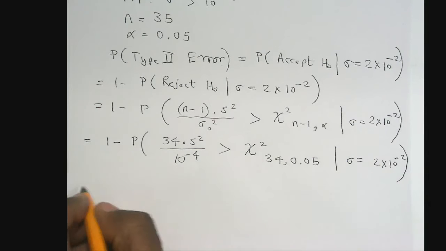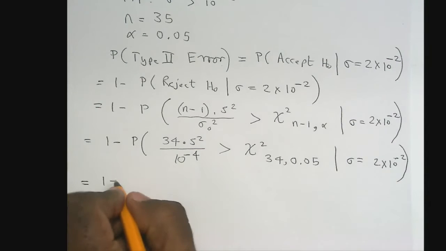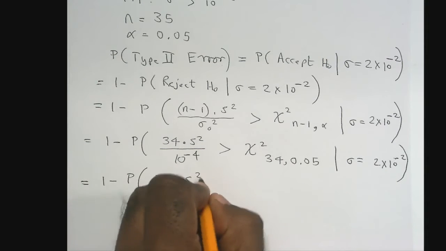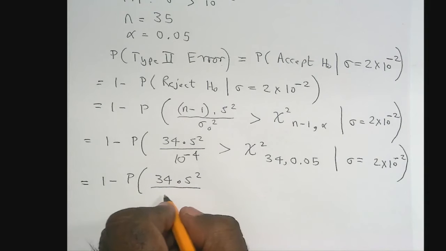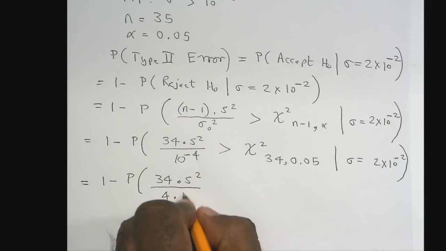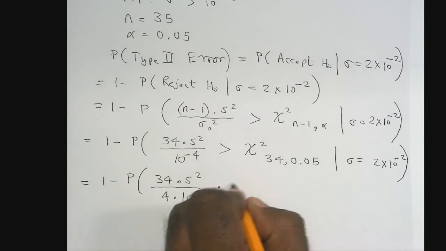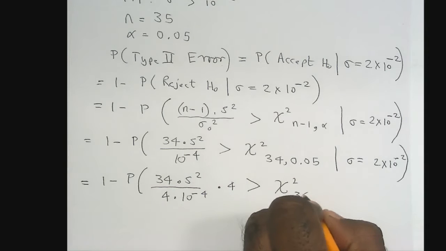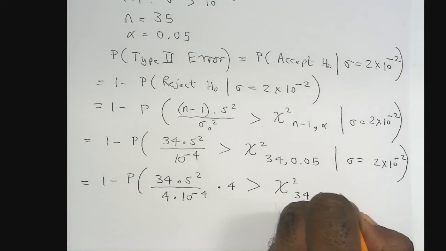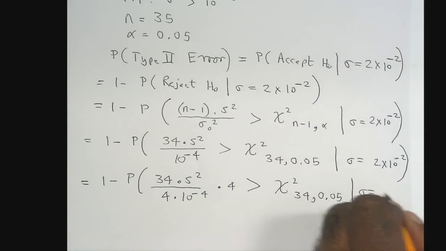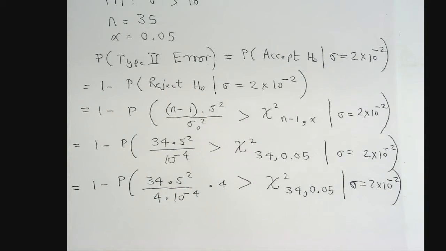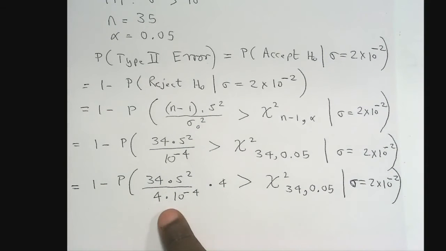So what I'm going to do now is 34 times, you see, can you tell me why I have multiplied by 4 and divided by 4?